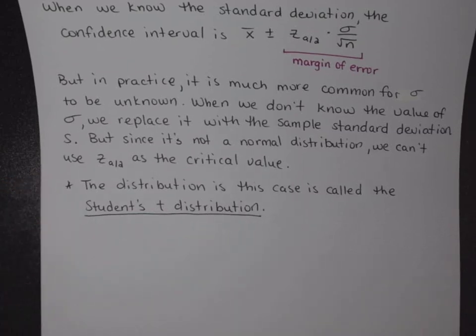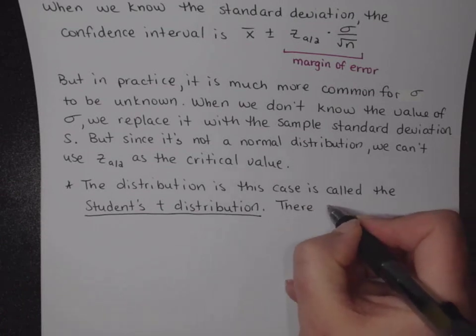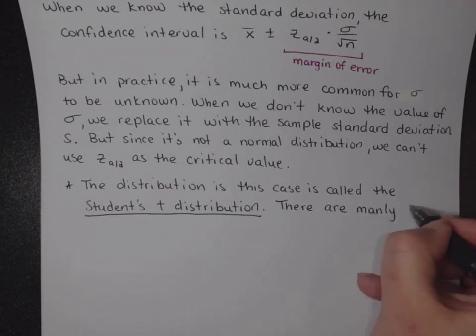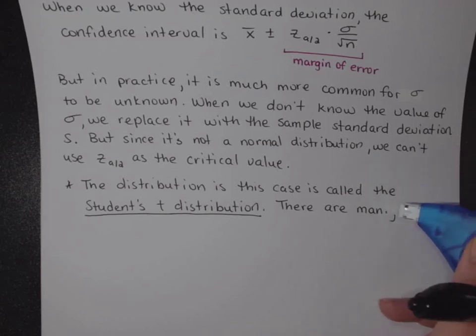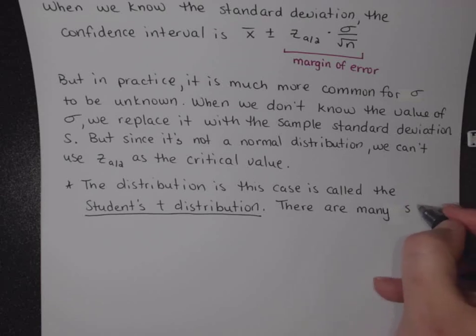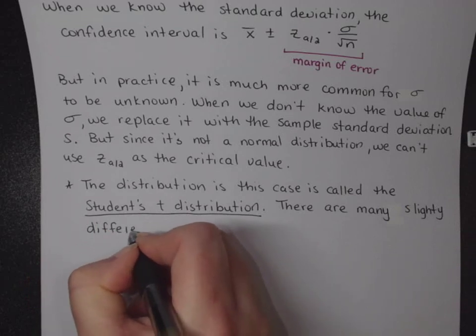Okay, and if you notice, that's the title of table 8.3. Table 8.3 shows you the student T distribution. And for that, they're basically many normal-like curves. They'll be normal-like, but they'll differ in height and width a little bit.